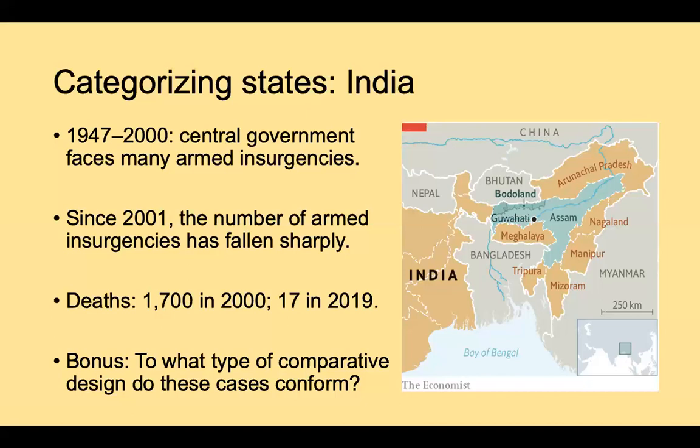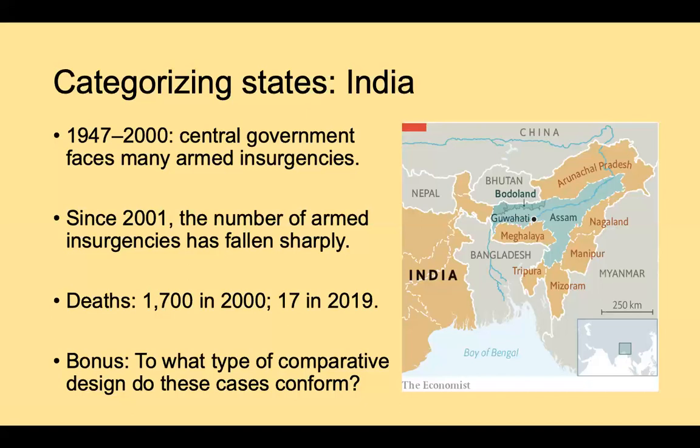So in this sense, the armed insurgencies were the source of that weakness. What caused those armed insurgencies may be a separate question, but on a purely descriptive level, what was happening in India, the nature of state weakness during that period was closely linked to those armed insurgencies. But the situation is very different since 2001. Since 2001, the number of insurgencies has actually fallen sharply.